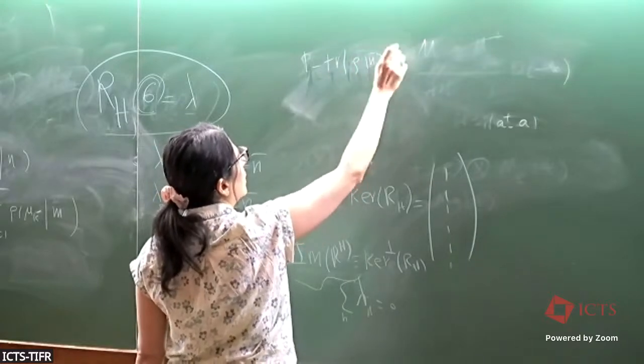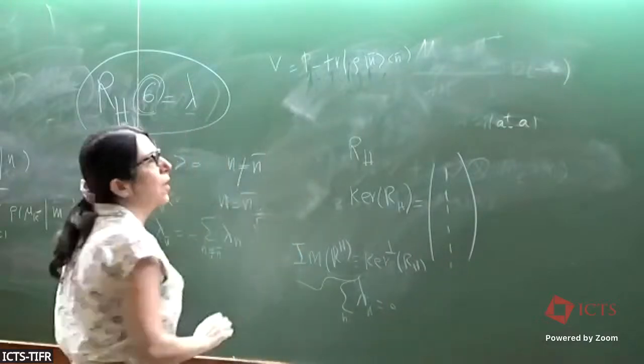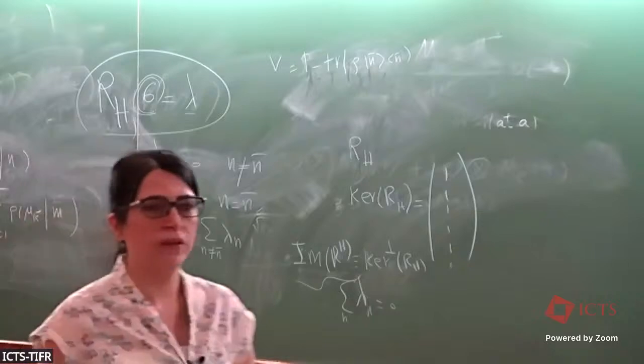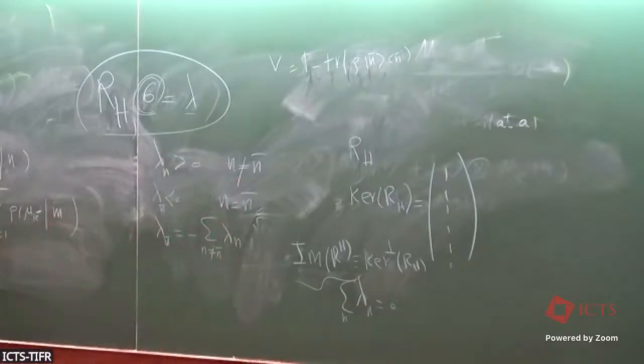Now I want to introduce some weights in the distance between rho and n, which I call sigma n. And like this, I control the distance between rho and n by adjusting the sigma.